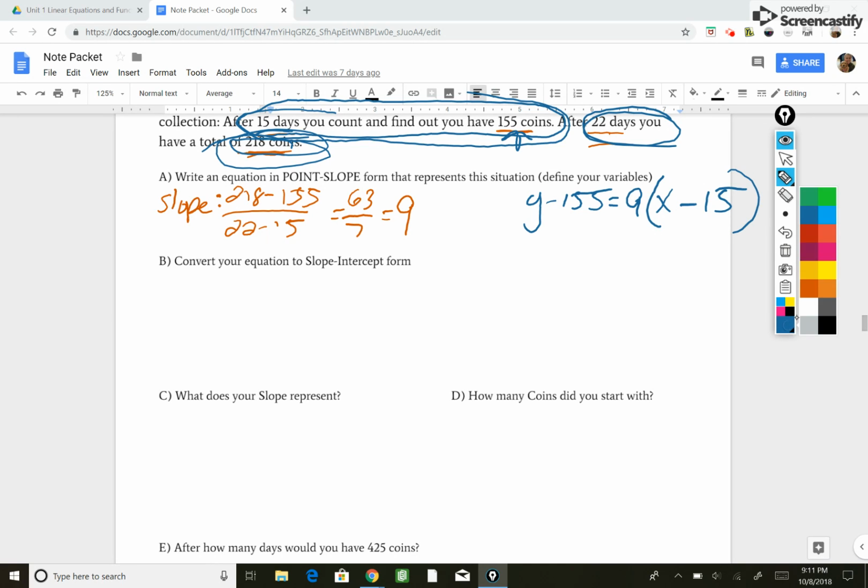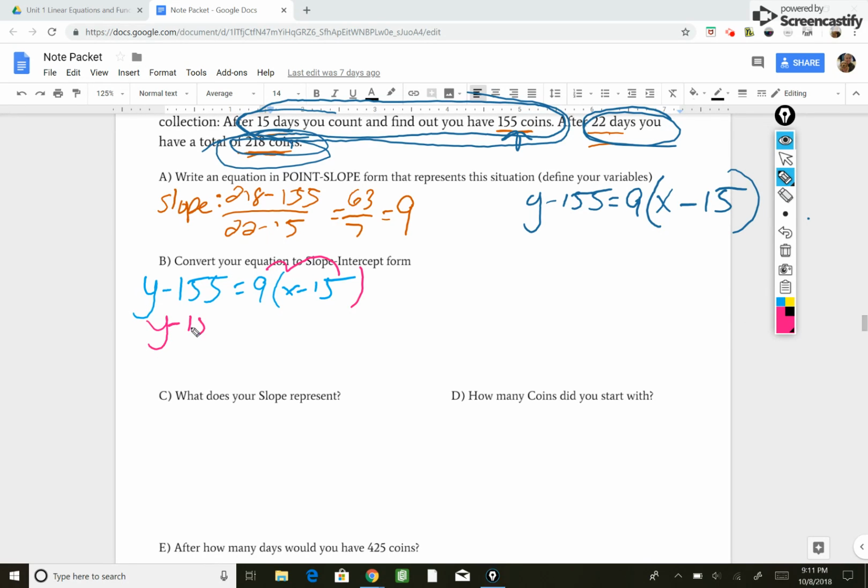For number 2, it says convert. This is the one where I said I'll rewrite the equation. If you convert, you're going to distribute the 9, minus 135.